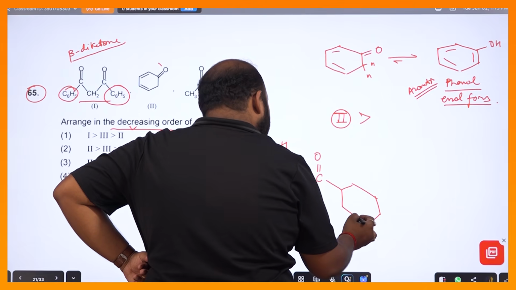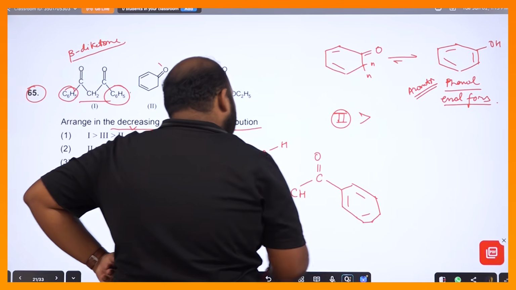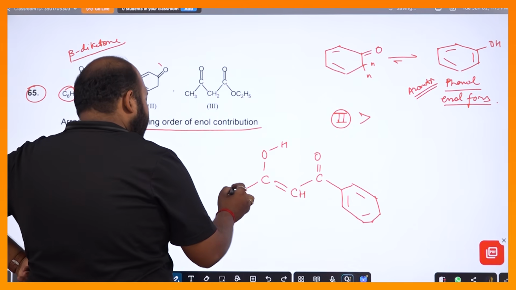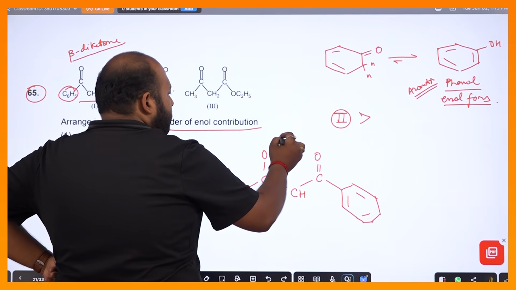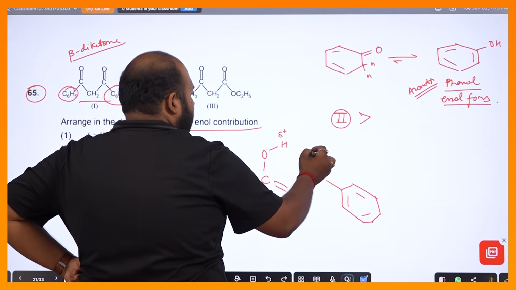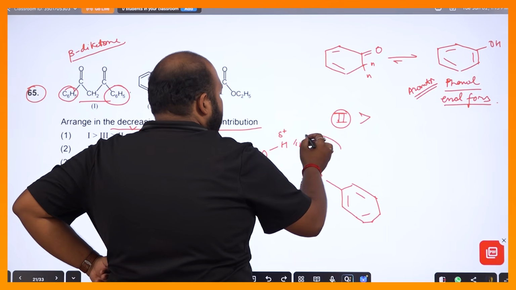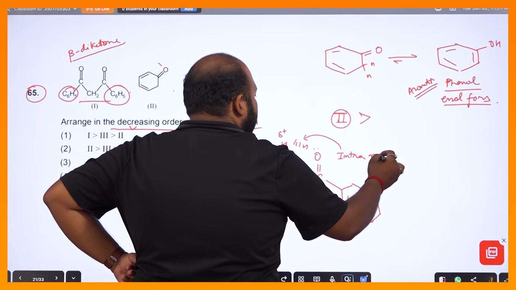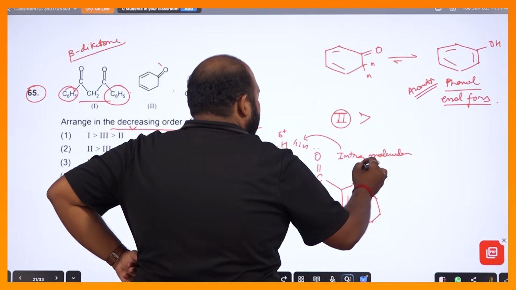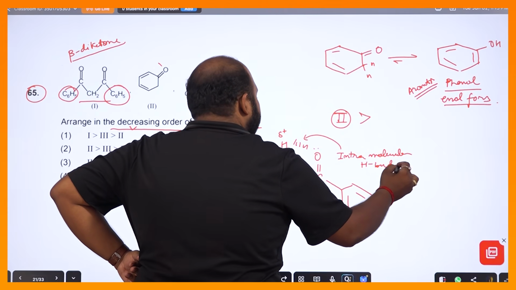If we write the enol form here, there is intramolecular H bonding in this case.